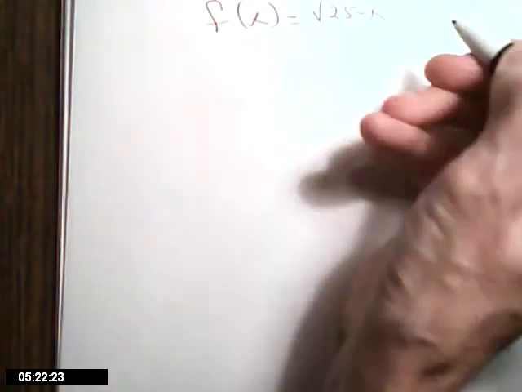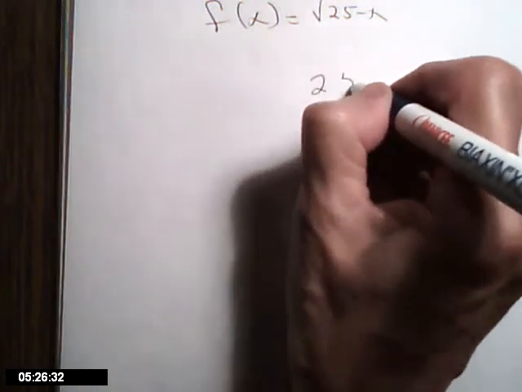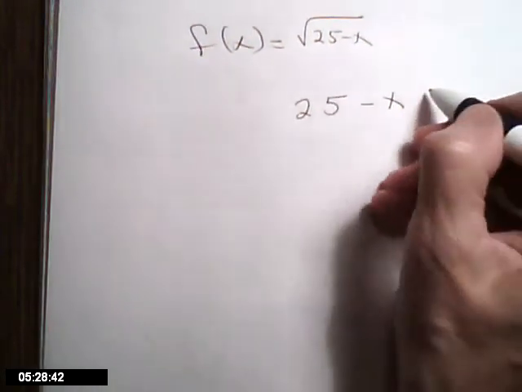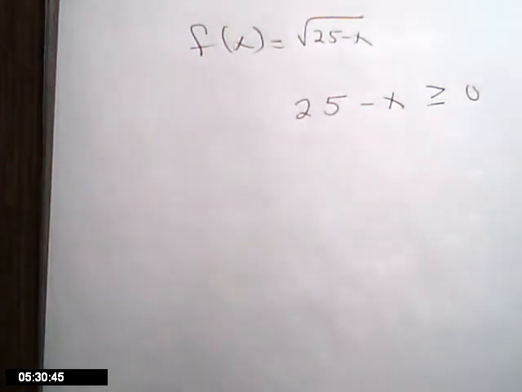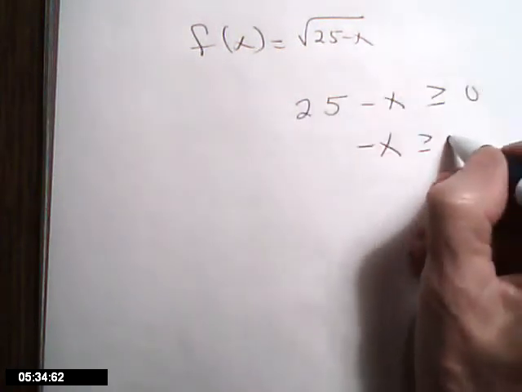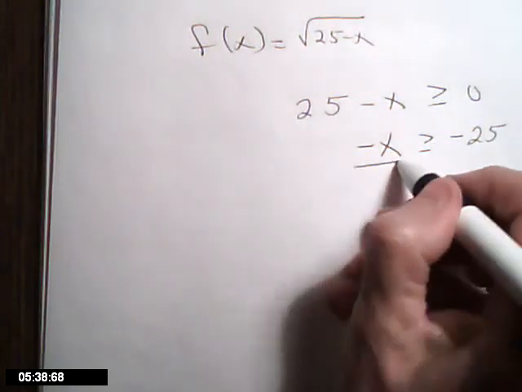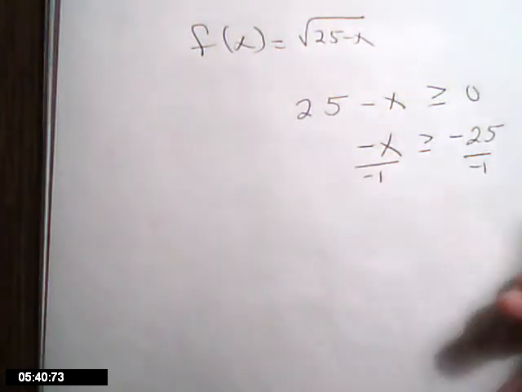The next one you have is this problem, f of x equals square root of 25 minus x. Now again, you see a radical. So you take your radicand, set it greater than or equal to 0, and let's solve. Now I'm going to move the 25 across. It becomes negative 25. Remember, we cannot stop this with negative x, so we divide by a negative 1.